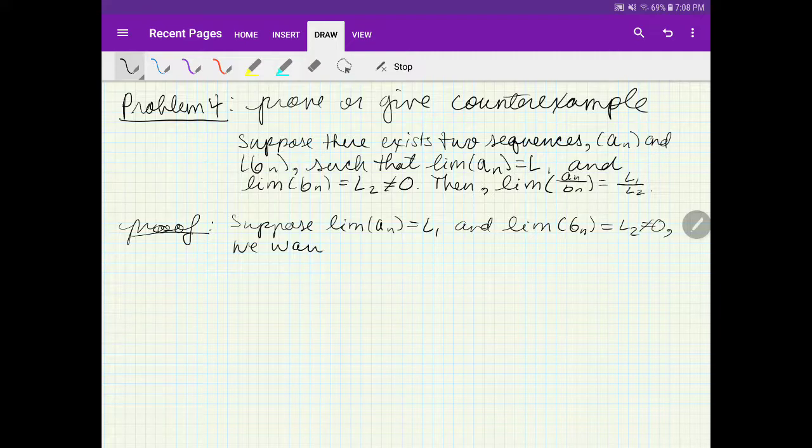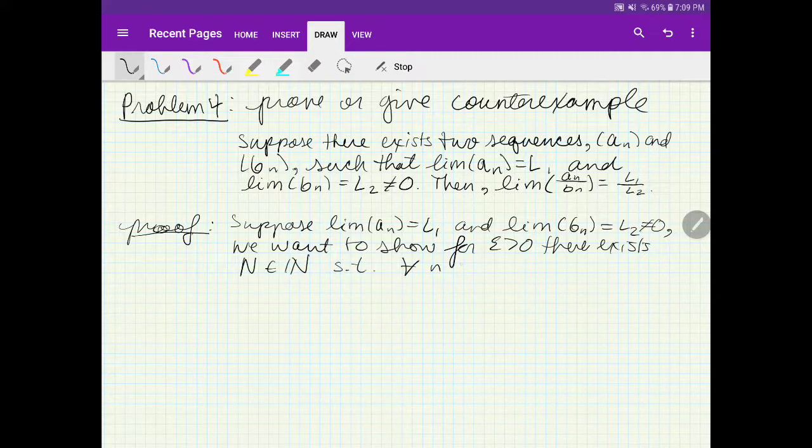We want to show for epsilon greater than 0, there exists an N that's an element of the natural numbers such that for all little n that are greater than or equal to cap N, the absolute value of a sub n over b sub n minus L1 over L2 is less than epsilon.